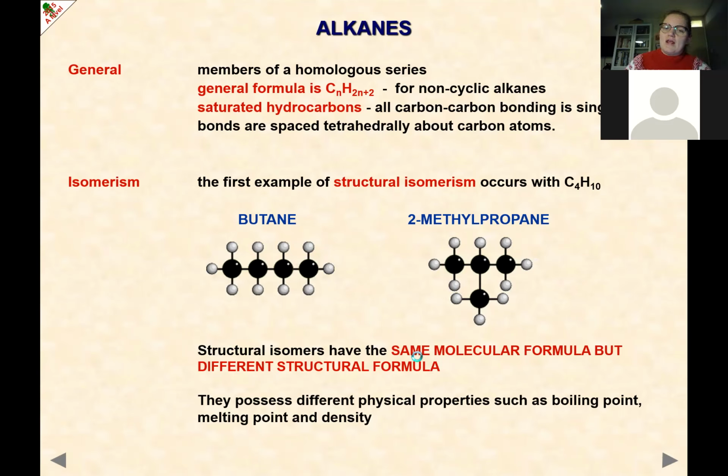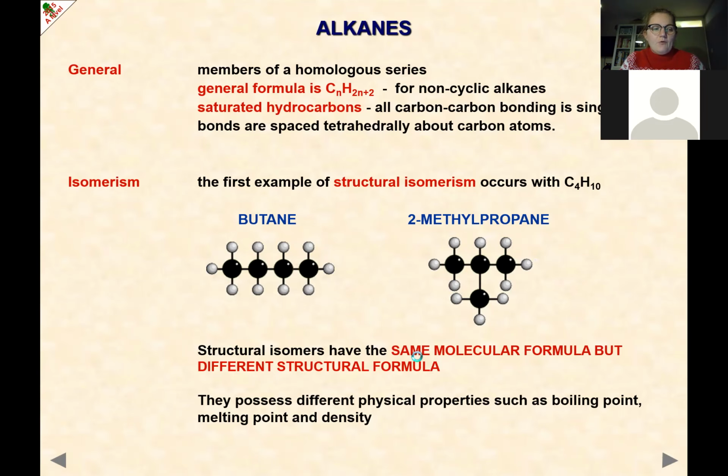So here we go. We've got an example of a structural isomer here. This is with C4H10. If it is an unbranched chain, it would form butane. But once we get four carbons or more, we can start having branched chains being added. This means that obviously we've got lots of potential different isomers being formed.